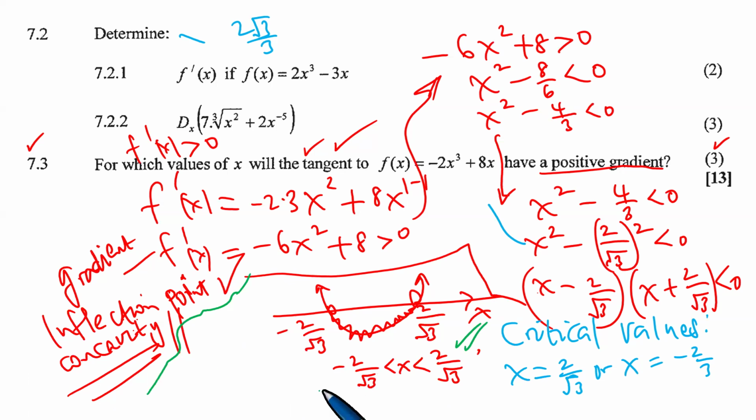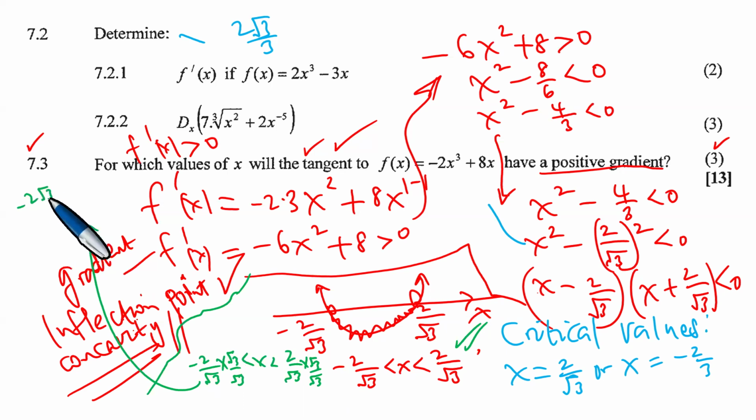How do you rationalize this? You multiply 2 over the square root of 3 by the square root of 3 over the square root of 3, and the same for the other one. Get the point? So this is minus 2 root 3 over 3 is less than x, less than 2 root 3 over 3.